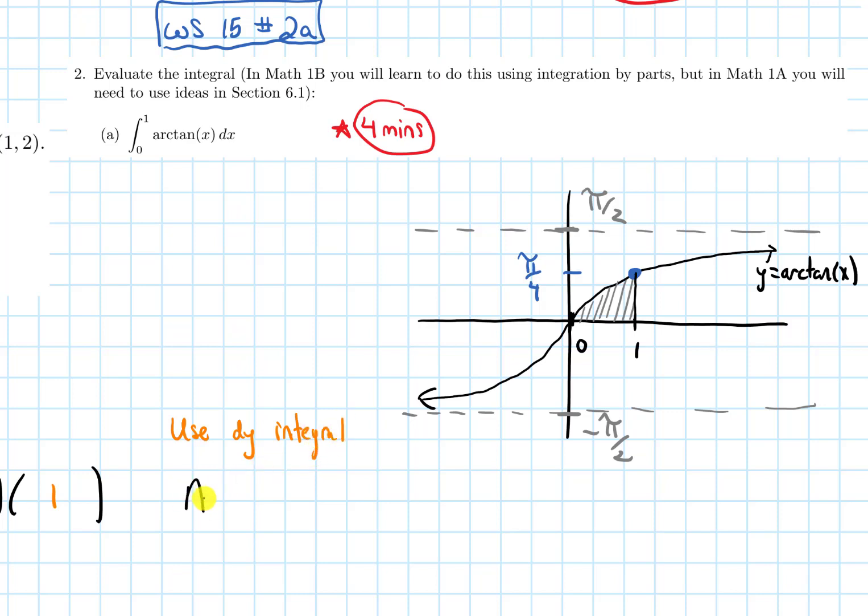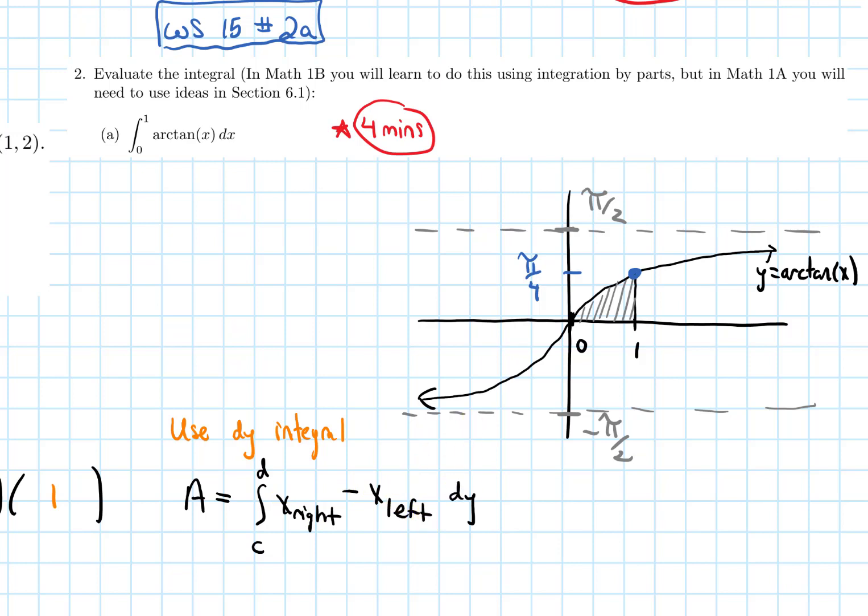Remember, our area between two curves using a dy integral is the integral from some number c to some number d of x sub right, your right function, minus x sub left, your left function. And this is a dy integral, because you isolate the x's in the equations, so x sub right will be some formula in terms of y. Same thing with x sub left.